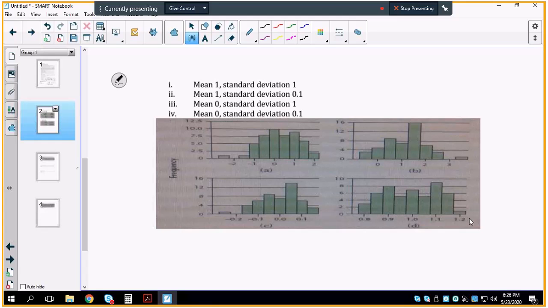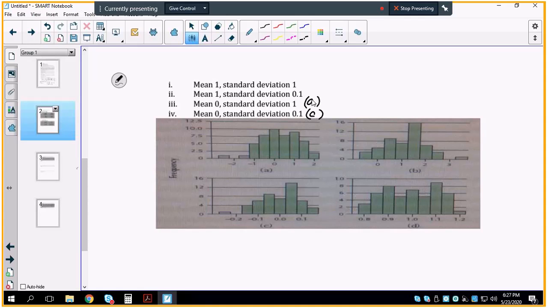Now between A and C, A has a larger variation. C, the range is smaller, so the variation of the data is smaller. So I will say between the mean 0 situation, A is the one with the larger standard deviation of 1, and C is the one with the smaller standard deviation.